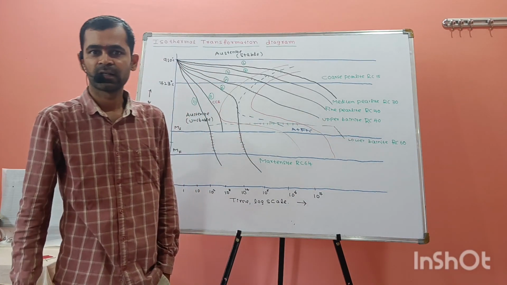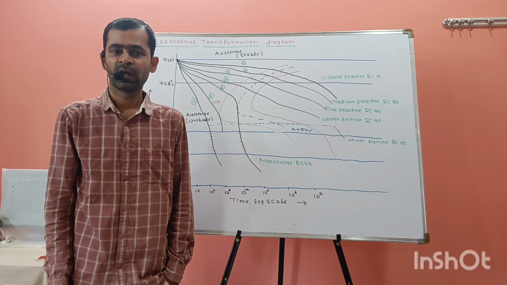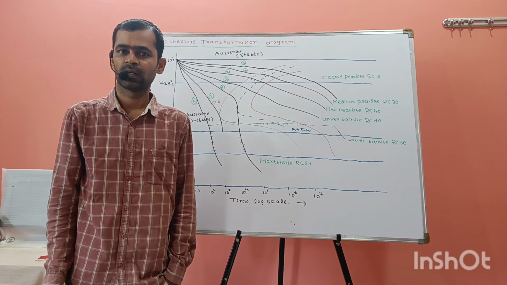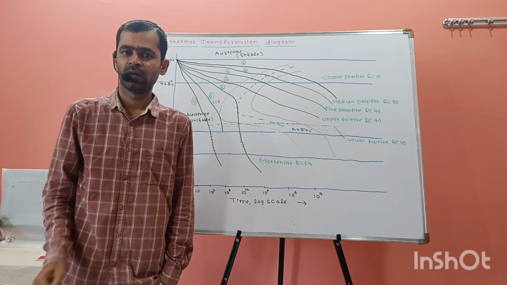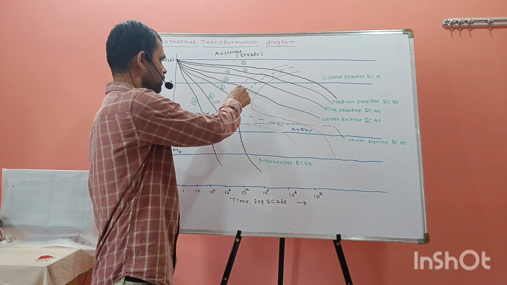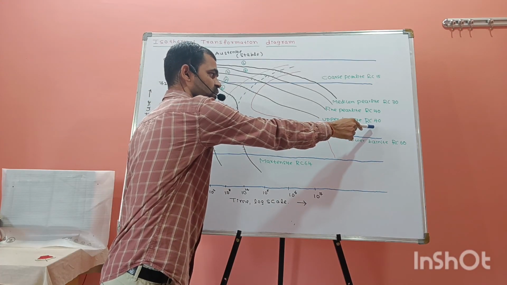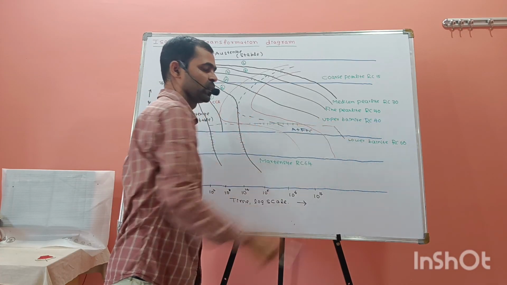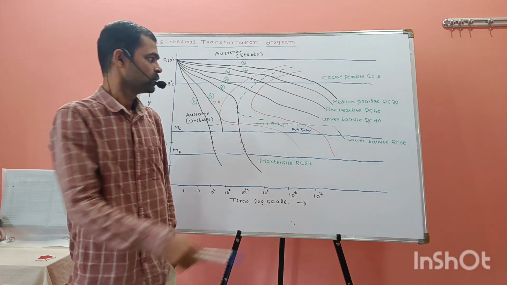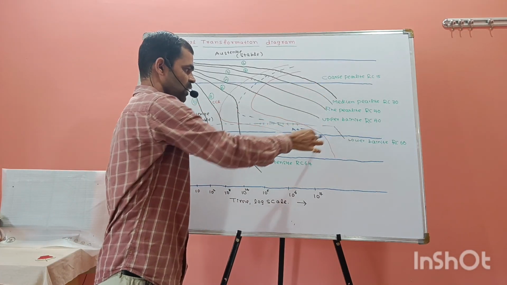When the eutectoid steel is heated above the austenitizing temperature and cooled in the quenching medium, upper bainite is formed. The hardness is Rockwell C 40. So at different cooling rates, these phases are formed.